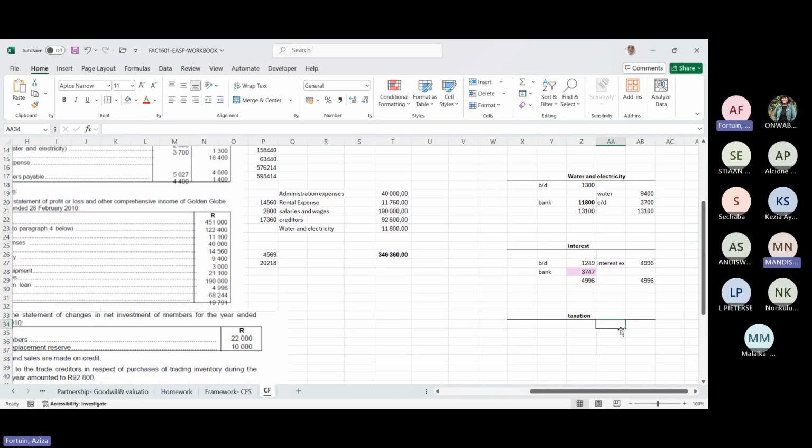Okay, so what are you getting? 4600 is your accrual and your 5027 is your accrual. And then you had 19,761.